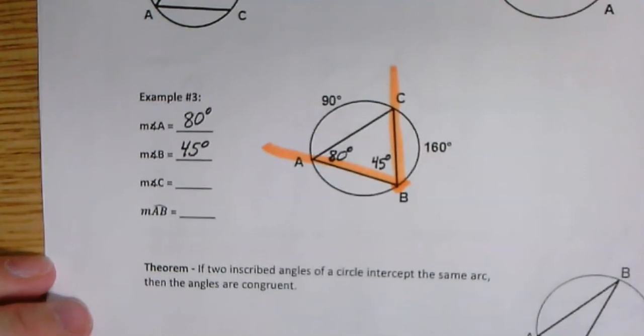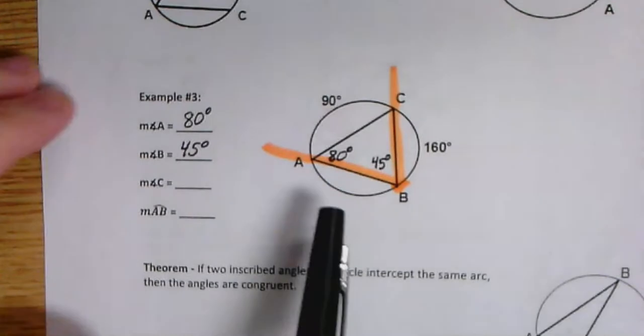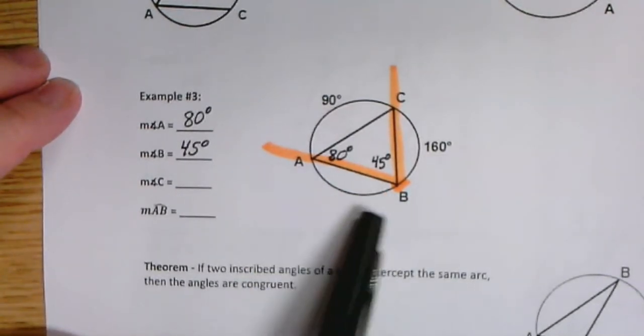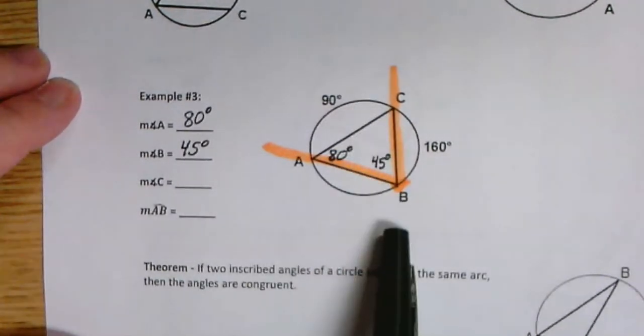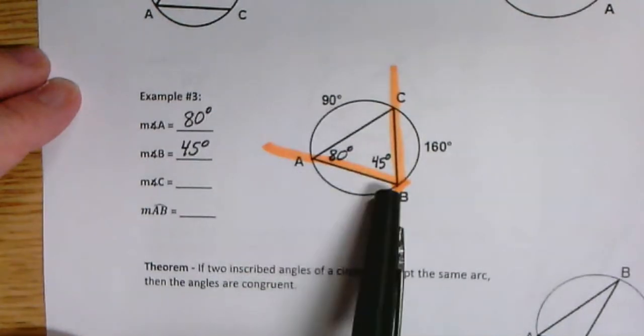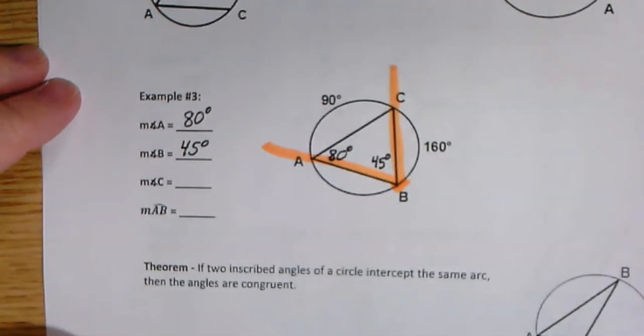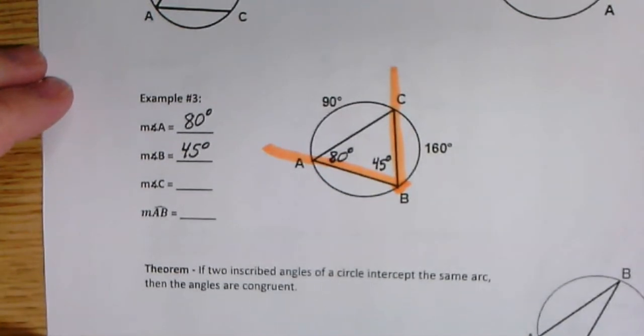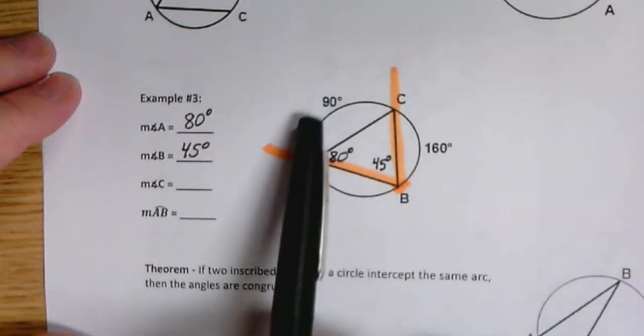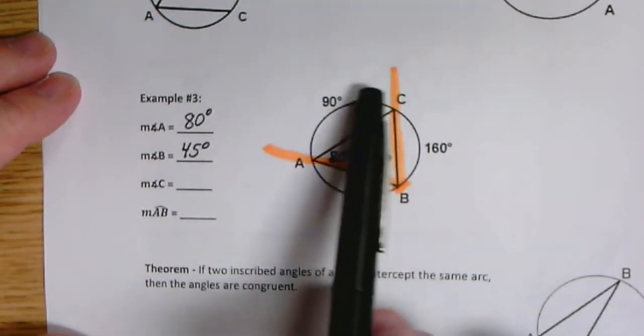Now, there's 2 ways I could proceed here because I don't know angle C, and I also don't know the arc that it goes with, the intercepted arc. Angle C is right here. The intercepted arc for C is arc AB. I don't know either one. I could go about finding out what I need to know either way. I could look at all of the arcs having to add up to 360.